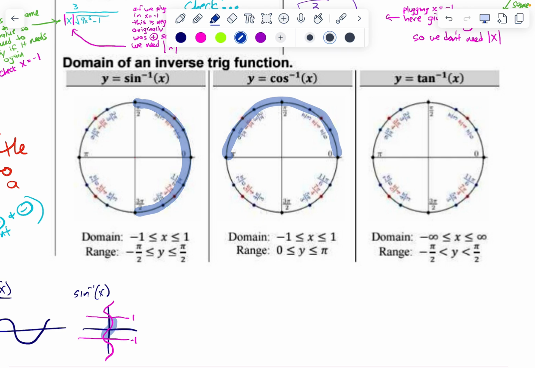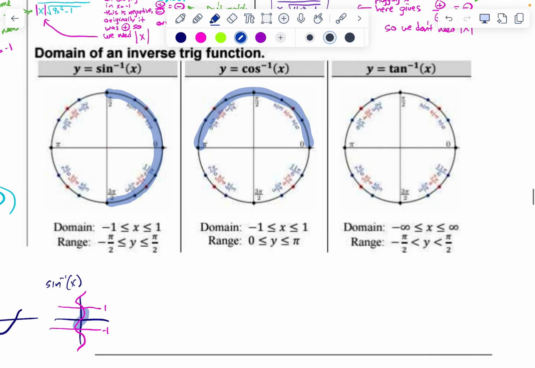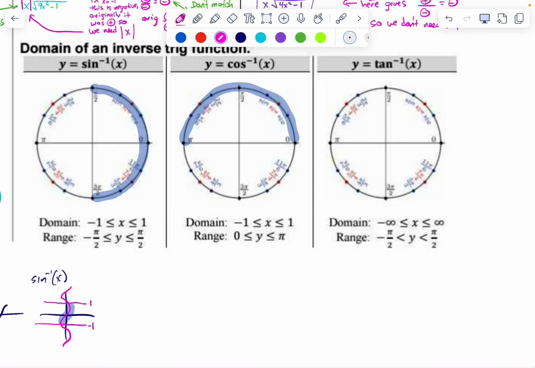The tangent graph is interesting, huh? What does the tangent graph look like? Remember this kind of shape?